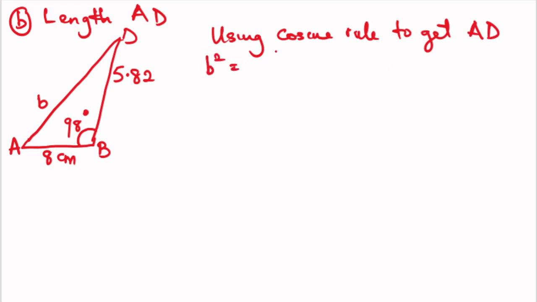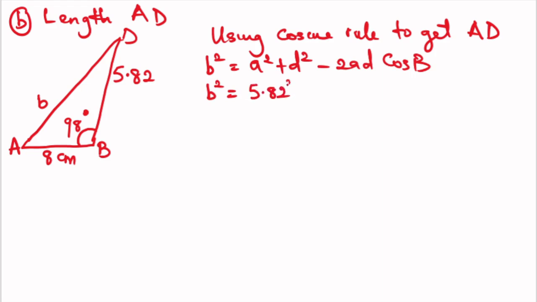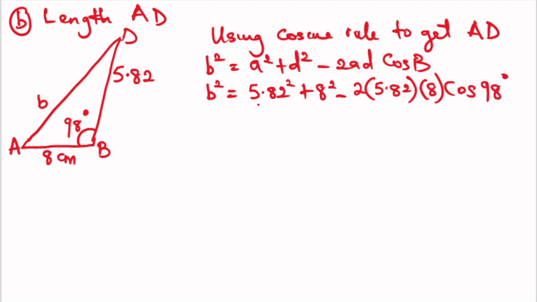b squared is equal to a squared plus d squared minus 2ad cos b. Substituting the parameters given, b squared is equal to, for a we have 5.82 squared, plus for d we have 8 squared, minus 2 times a, which is 5.82, times d, which is 8, then cos b, which is cos 98 degrees.